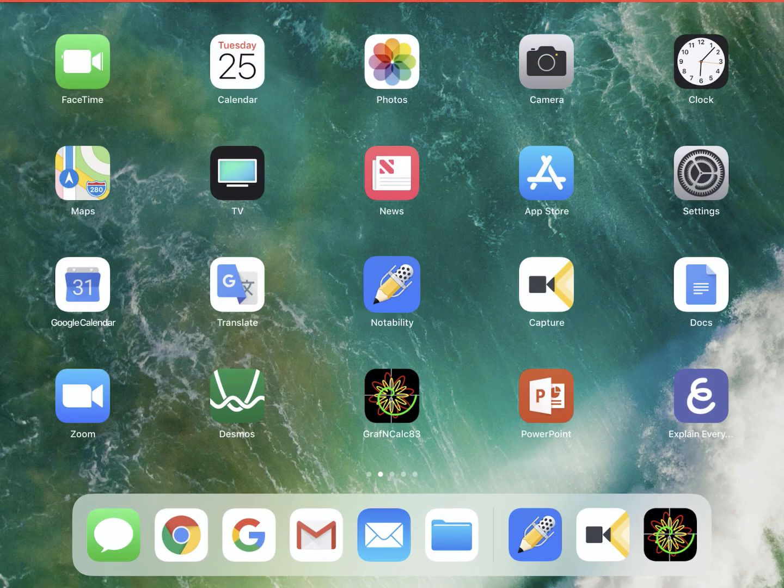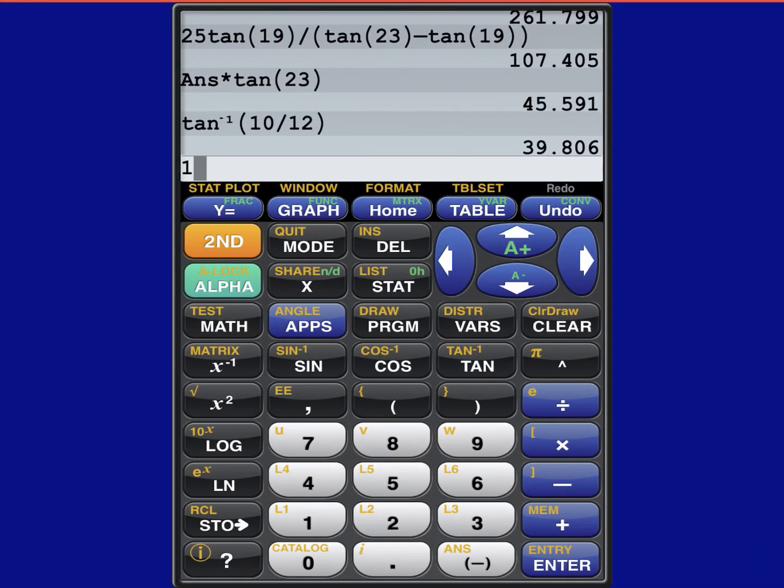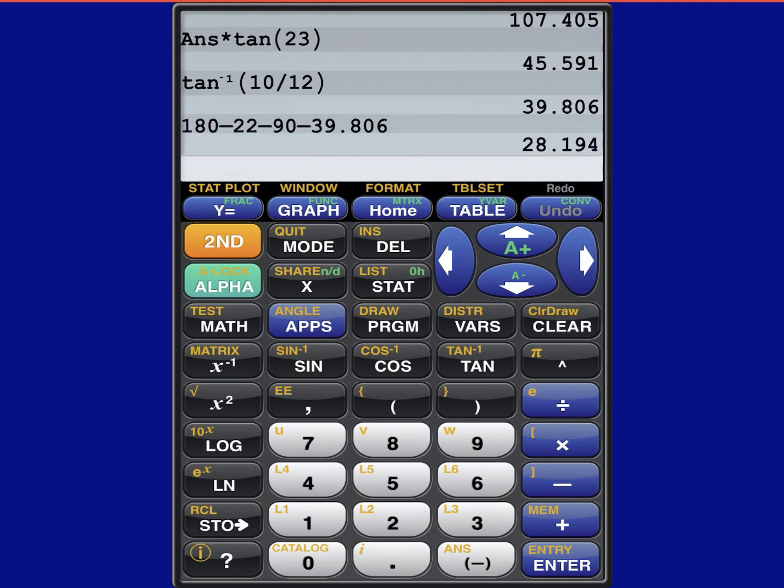Now go to the calculator. So 180 minus 22 minus 90 minus 39.806. And that is 28.194 degrees.